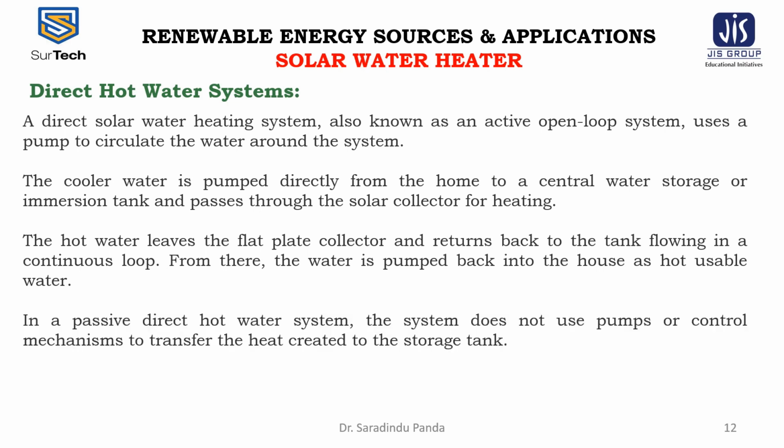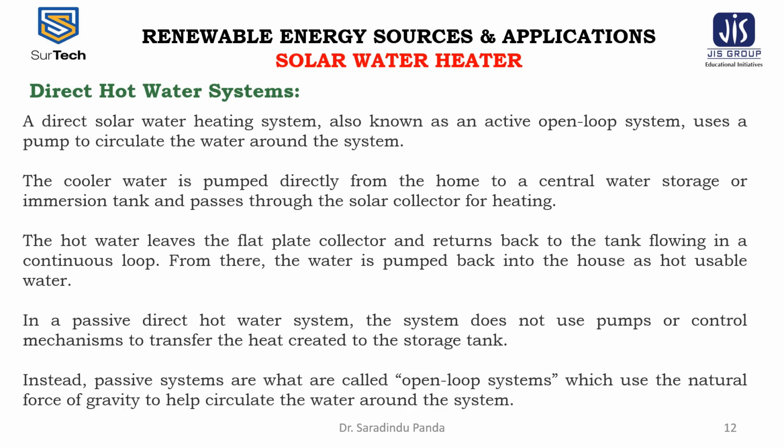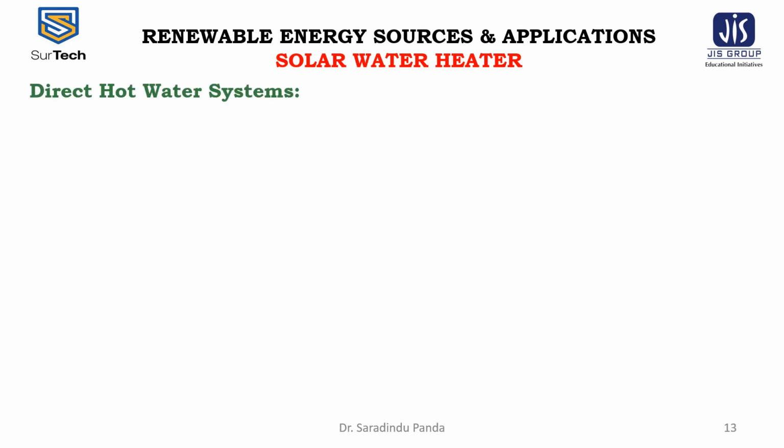In a passive direct hot water system, the system does not use pumps or control mechanisms to transfer the heat created to the storage tank. Instead, passive systems are what are called open loop systems, which use the natural force of gravity to help circulate the water around the system.